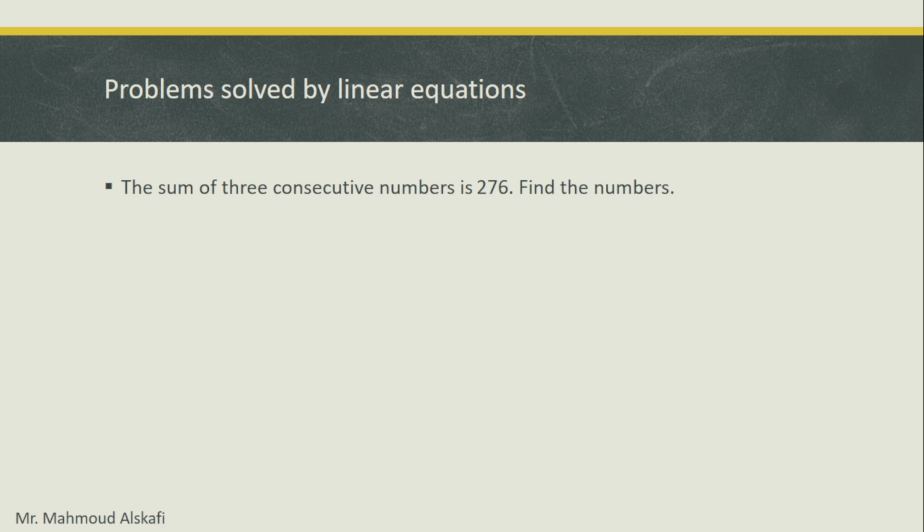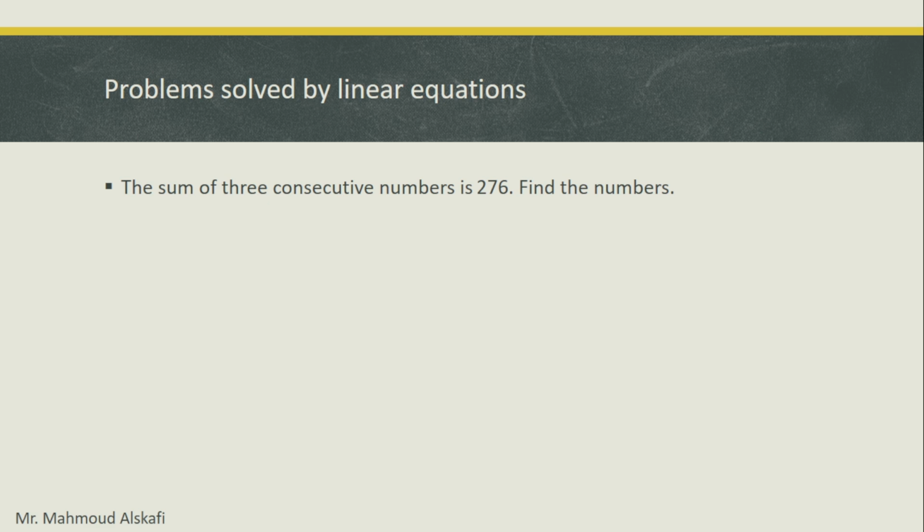Okay, now we have done some examples of how we solve different kinds of linear equations. Now we need to know how we can use it in our life, in our problems. So now the first thing we need to learn is how we can use it. Okay, the sum of 3 consecutive numbers is 276. Find the numbers.